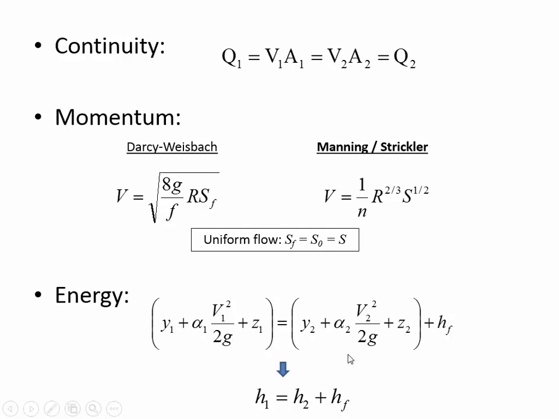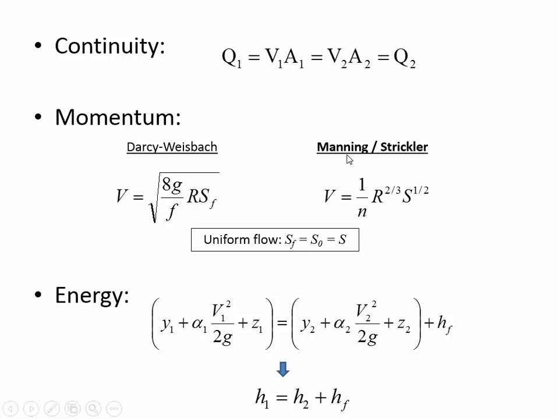Okay? So really, here are the three equations that everything else is going to come from for the rest of the semester. Continuity, momentum, and energy. The version of the momentum equation we use is called the Manning equation, rather than the Darcy-Weisbach, which relates the slope of the energy grade line to the velocity.